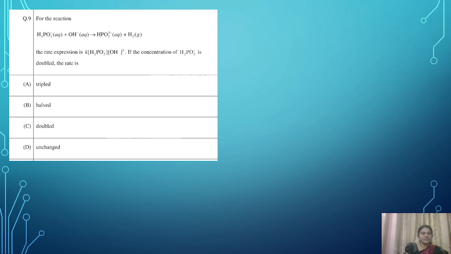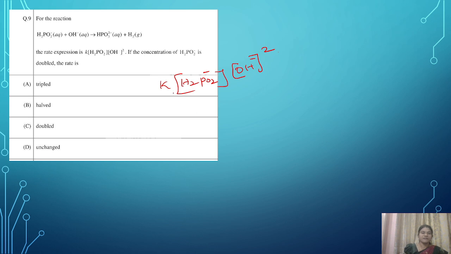The rate expression is given as this. If the concentration of H2PO2 minus is doubled, what will be the rate? Okay, this is the rate equation. Suppose you increase the concentration of H2PO2 minus, what will happen?